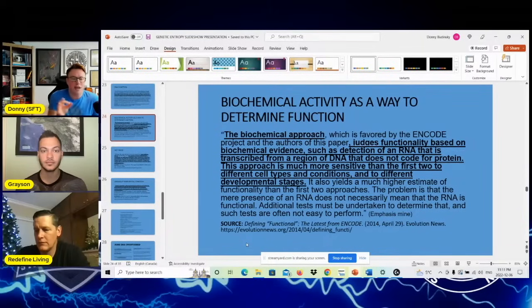The point is we have a research team that worked independently of the ENCODE project. And Grayson wants to say that the ENCODE project's results suggest it's mostly spurious and noise. That's not the case. We have an independent team concluding that the transcription observed in the genome is mostly functional and not just biochemical noise. So this independent research further strengthens the results of the ENCODE project.